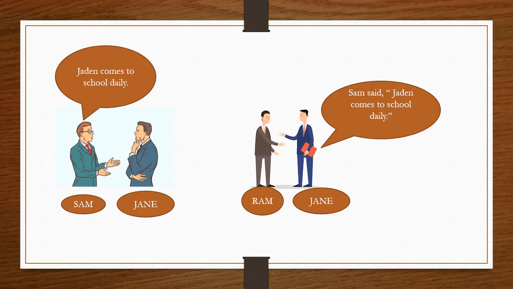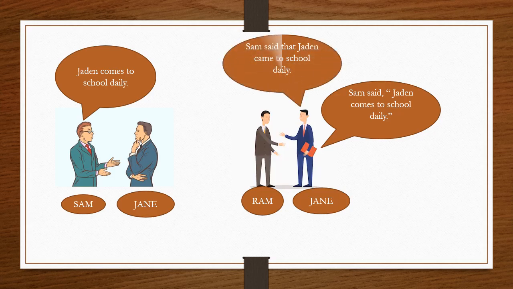The exact words used by Sam are one way to tell Ram that Jaden comes to school. The second way to express it is, Sam said that Jaden came to school daily. You can see the difference between the 2 sentences, that comes has changed to came.